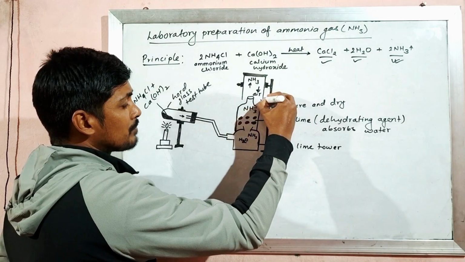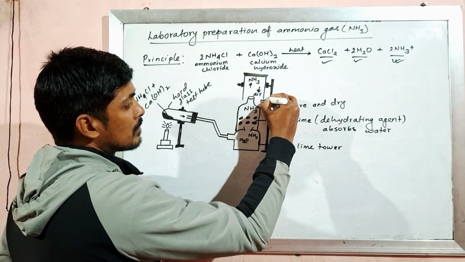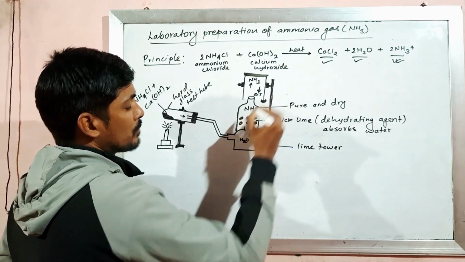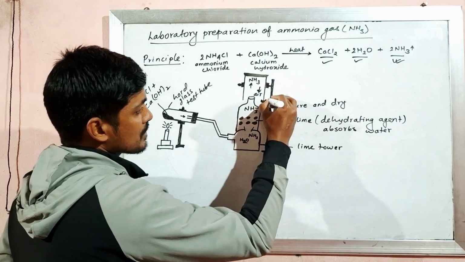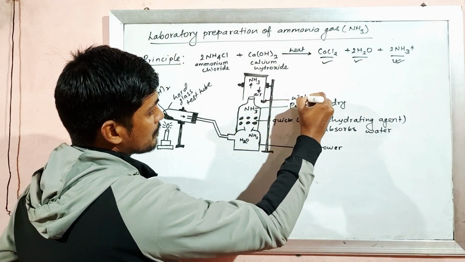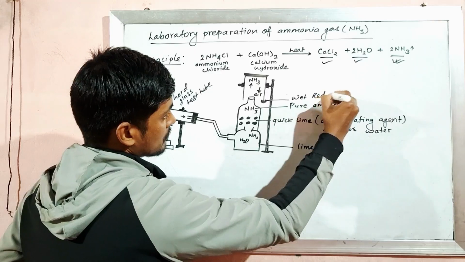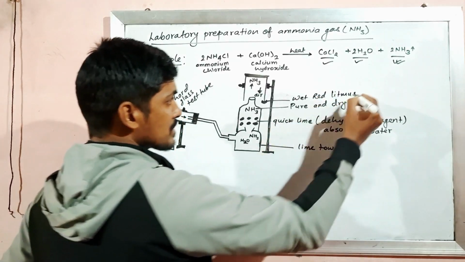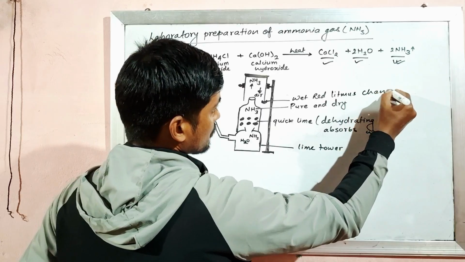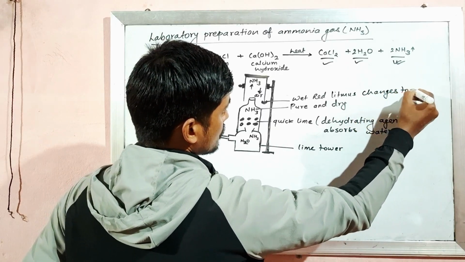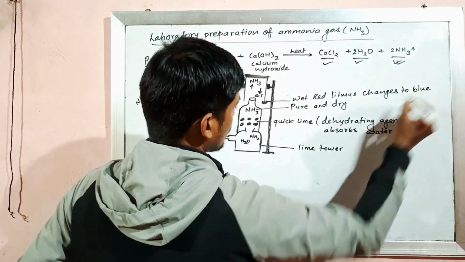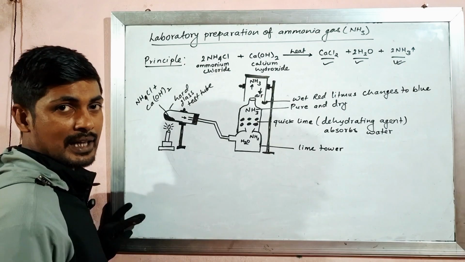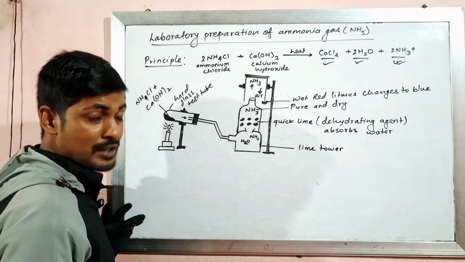So to know whether the jar is full or not, we place a wet red litmus. That wet red litmus changes to blue because ammonia gas is basic in nature.